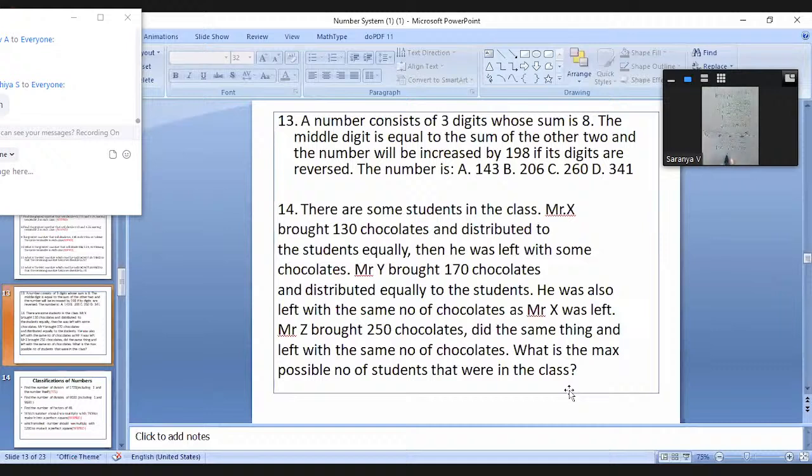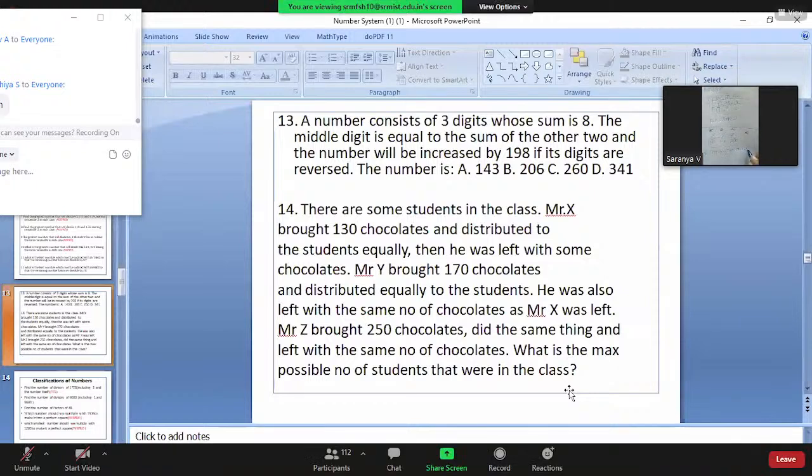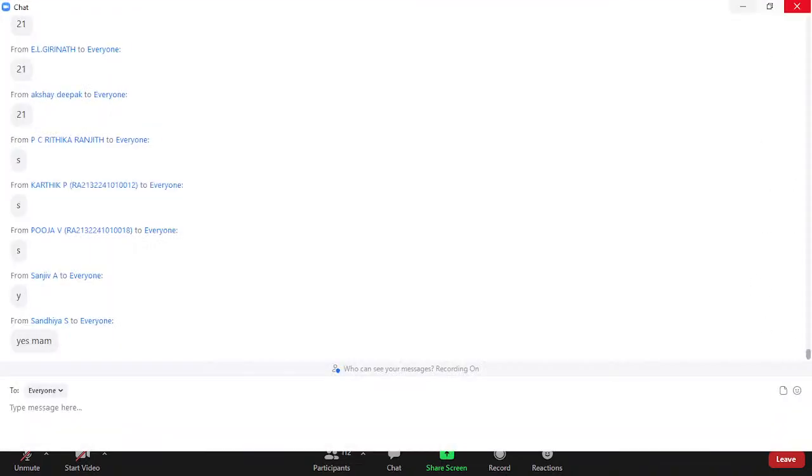The HCF of the first combination 170 minus 130, the second combination 250 minus 170, and the third combination 250 minus 130. Therefore, the HCF of what is the difference between these?